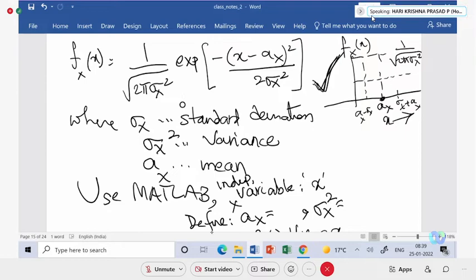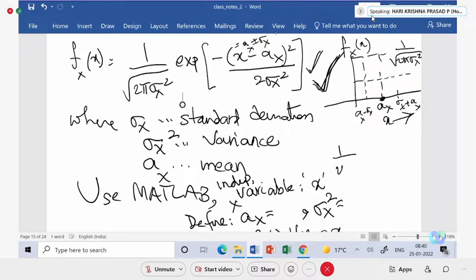When I substitute x equal to a_x minus or plus sigma_x in this equation, what do I get? 1 by square root of 2 pi sigma square, times the exponential whose argument becomes minus half. Just substitute x equal to a_x plus or minus sigma_x. a_x goes away, simply plus or minus sigma_x remains. Square you take.